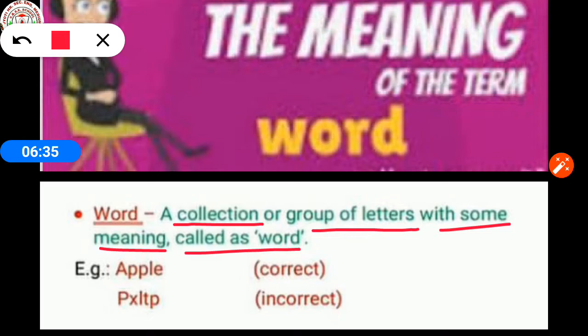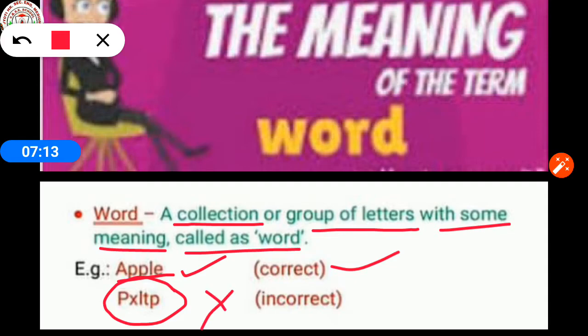So, see this word. These letters are properly arranged. Then we can say this is apple, A-P-P-L-E, apple. This is correct. But if we write like this, these letters are not properly arranged.